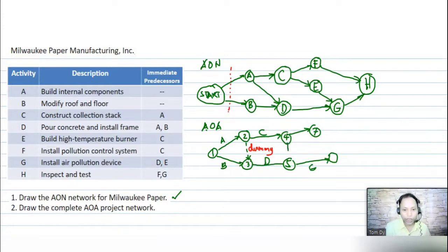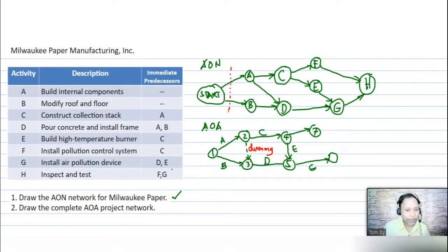That means if you have activity G, you have to finish activities D and E first.